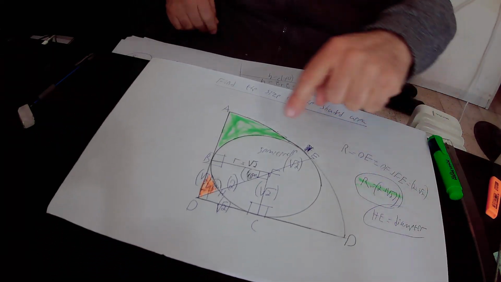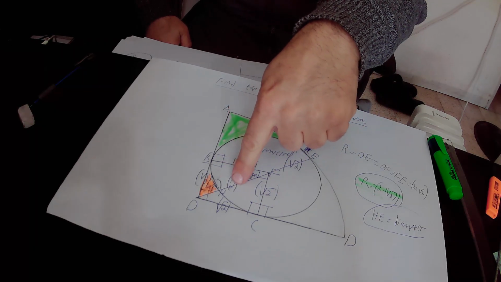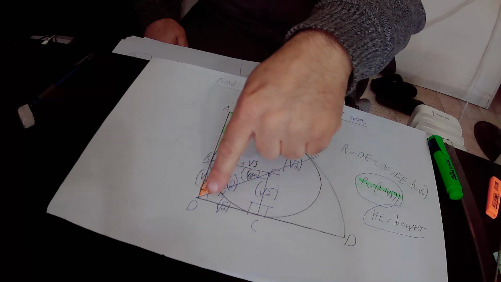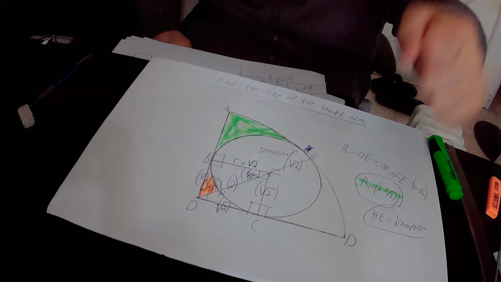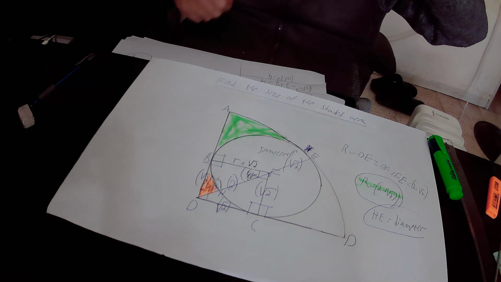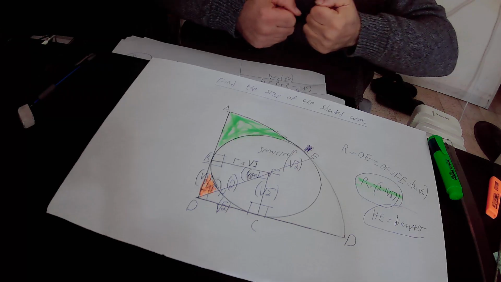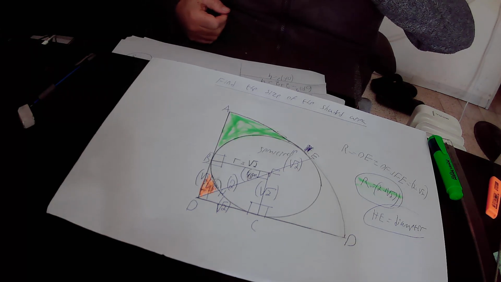Inside the small quadrilateral BFOC, we have 1, 2, 3 right angles. The sum of right angles is 270 degrees, plus the size of this fourth angle. In total, they must equal 360 degrees, according to the rule that the sum of the angles in any quadrilateral is equal to 360 degrees.